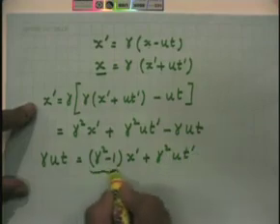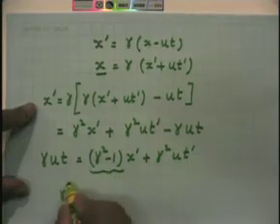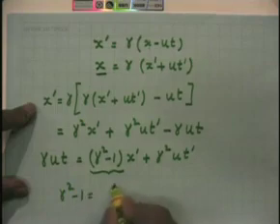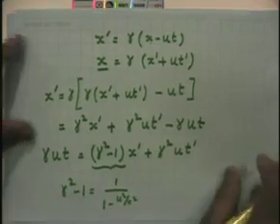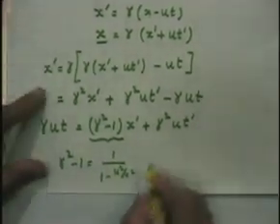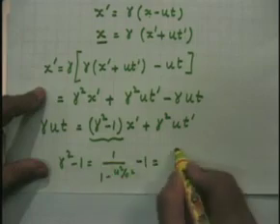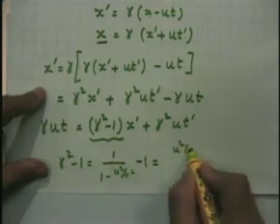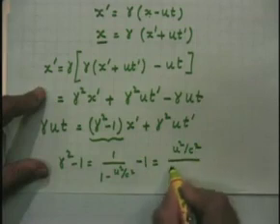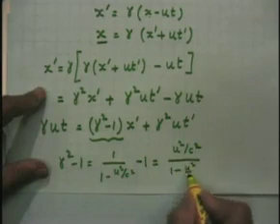So, this quantity gamma squared minus 1 will be equal to 1 divided by 1 minus u squared by c squared, minus 1. So, this will be u squared by c squared divided by 1 minus u squared by c squared.